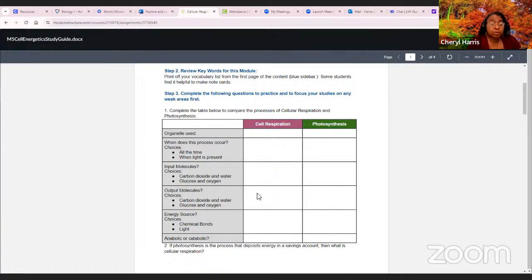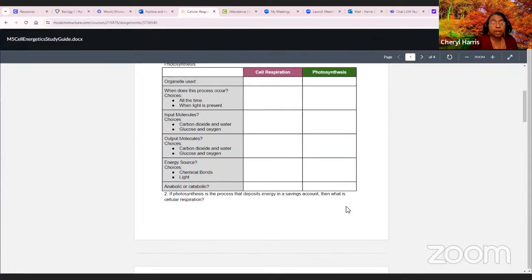All right, so the output molecules for cellular respiration, meaning what is created during cellular respiration, or what is given off, are carbon dioxide and water. Thank you. And then glucose and oxygen should be for photosynthesis.